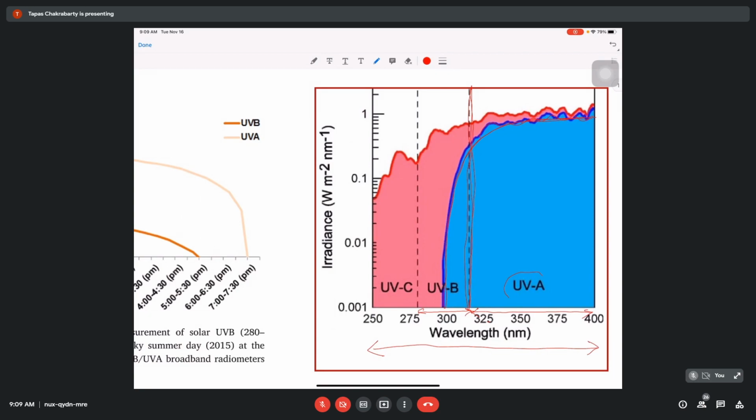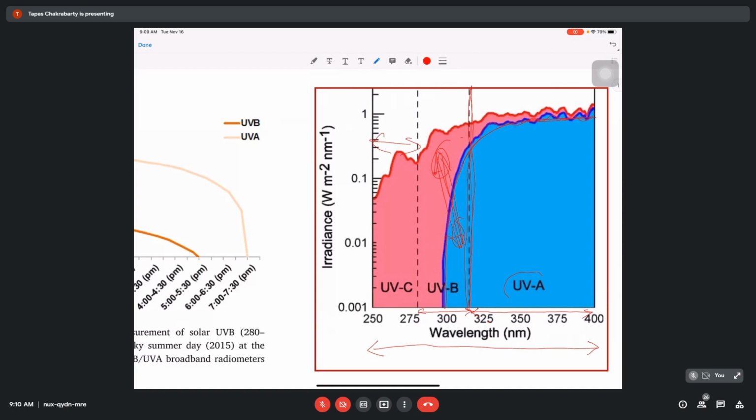In the UVC region, the absorption is maximum. But in the UVB region, where there is an overlap of some of the red region and some of the blue region, the damaging effect is actually maximum. Damaging effect maximum means that this part of the radiation is what is available on the solar surface.